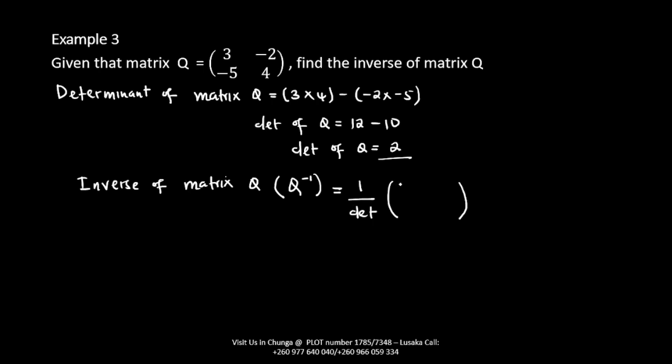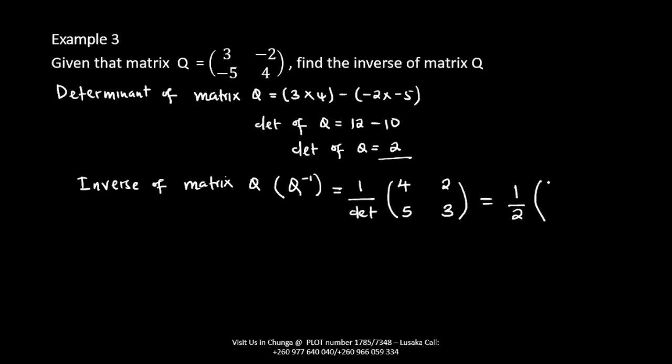So meaning where there's 3, we're going to put a 4 there. And where there's a 4, we're going to put what? A 3. And these elements that are in the minor diagonal, they change the sign. Okay? So the -2 will be +2. And the -5 will be positive what? +5. Therefore, we shall say that 1 over 2, because our determinant is 2.